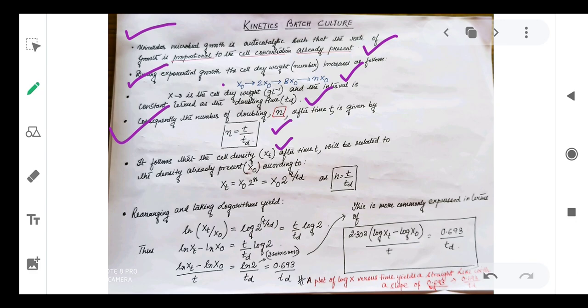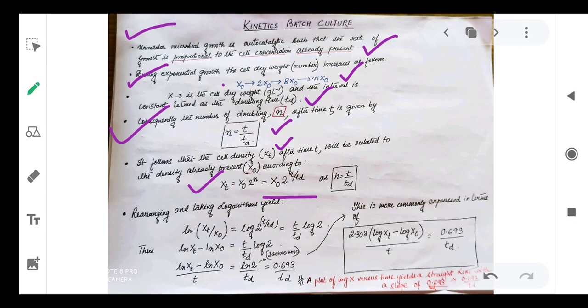What is X0? X0 is the initial number of cells we started with. So we can write Xt is equal to X0 into 2 to the power n. Why? Because Xt is the final cell number. How does this final cell number come? It is the initial cell number multiplied by the number of generations the organism has multiplied to come to Xt. So that is why we can also write Xt is equal to X0 2 to the power n.